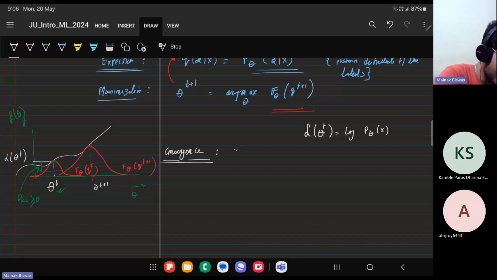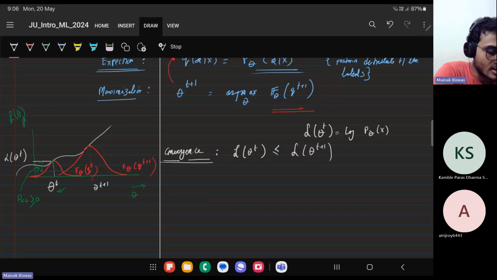How can I show that? The objective is to show this. Do you agree? If I can show this, it should suffice to show convergence.